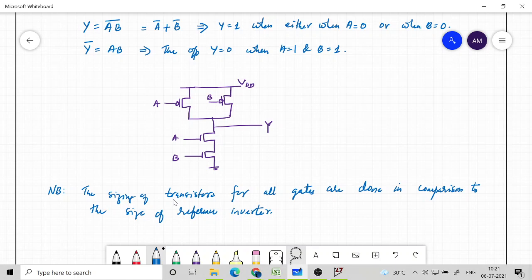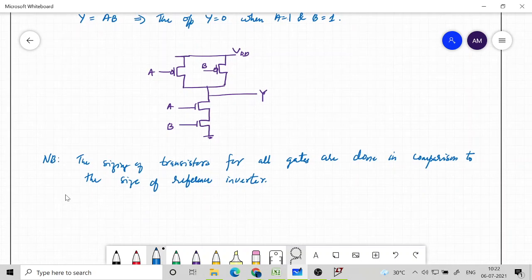The resistance corresponding to a size of 1 will give you R resistance, and similarly if you connect two resistances in series, then the resistance is going to double.